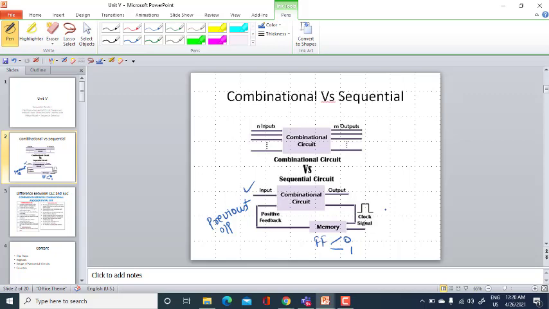Let us assume here we have only one flip-flop. This flip-flop will have as input the current output of the combination logic circuit along with the clock signal. Keep in mind, a sequential circuit will have a clock also.